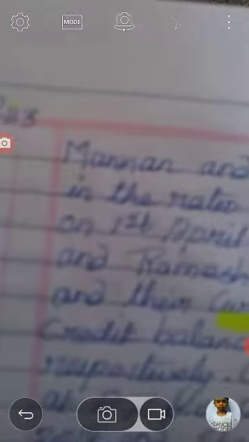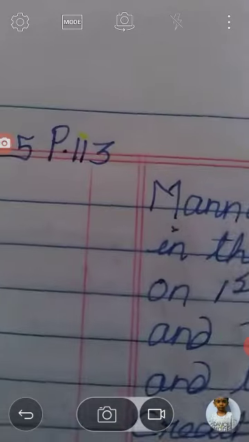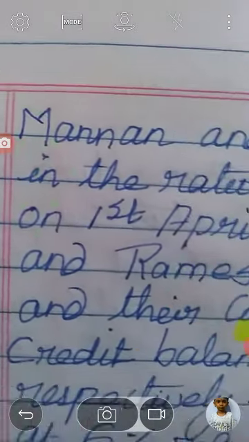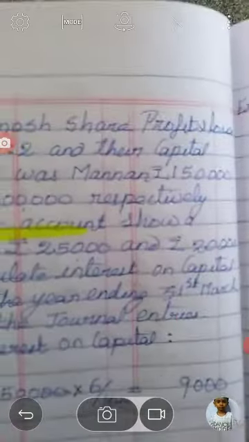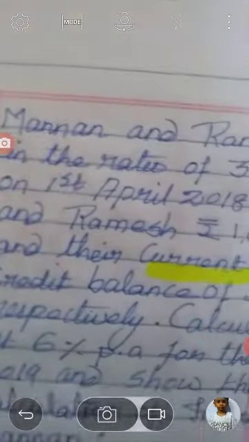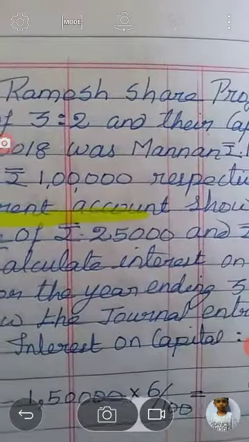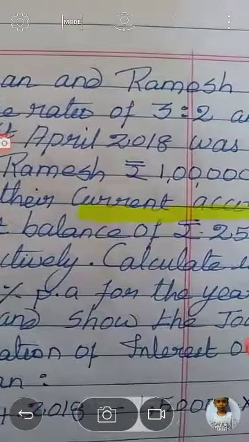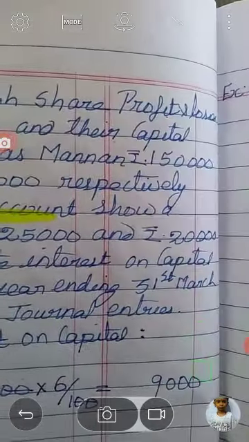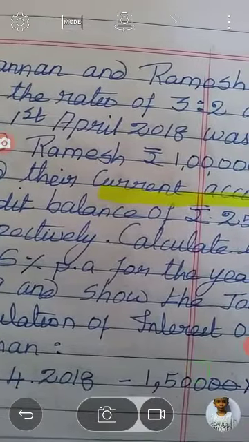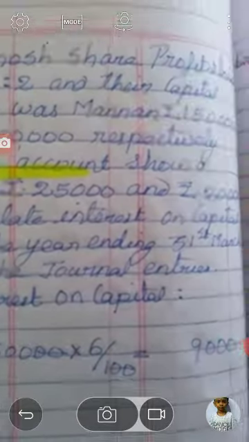Here, exercise number 5, page number 113. Mannan and Ramesh share profit and losses in the ratio of 3:2, and their capital on 1st April 2018 was Mannan 1,50,000 and Ramesh 1 lakh respectively.